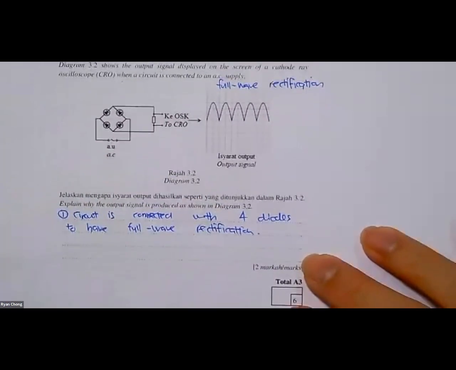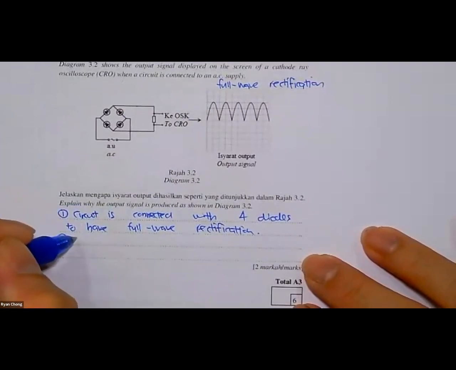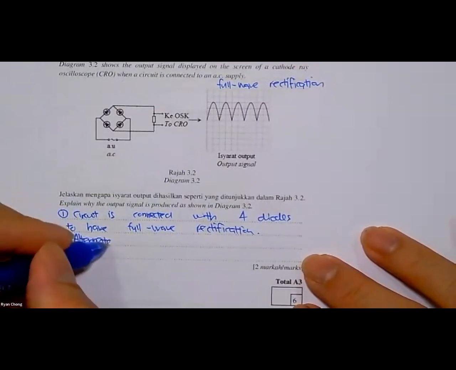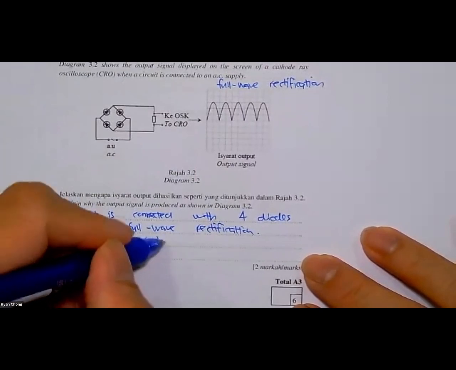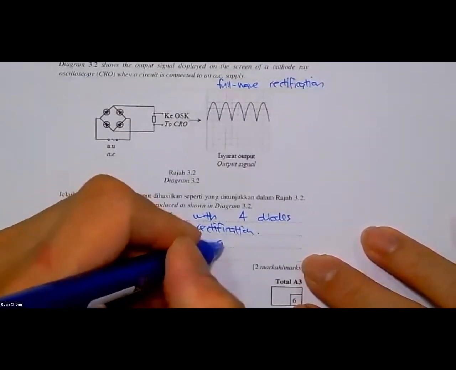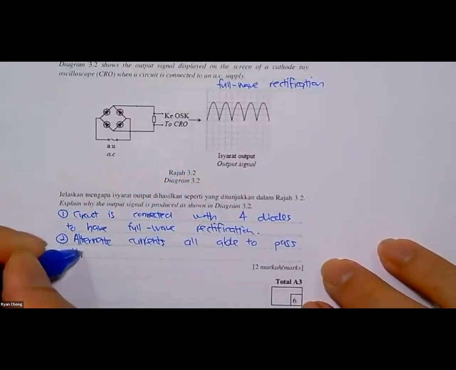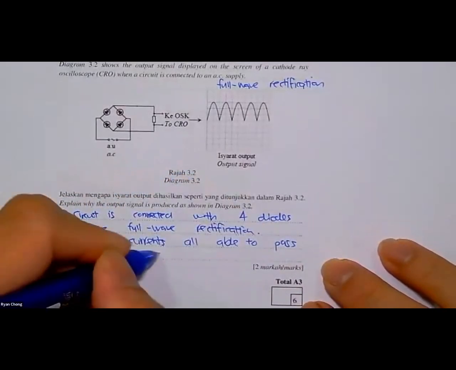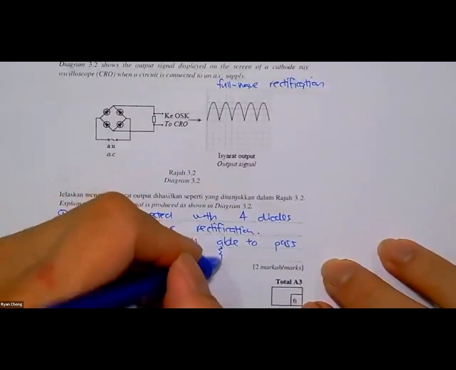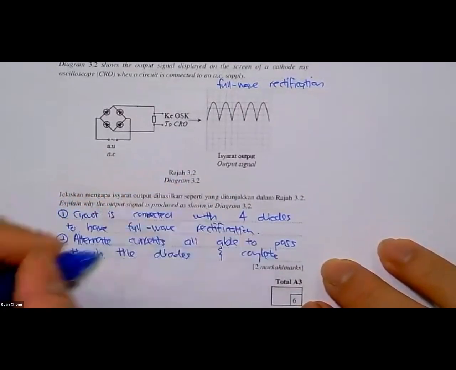Then alternate current is able to pass through the diodes and complete circuit.